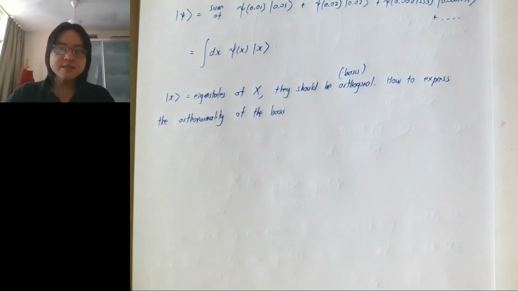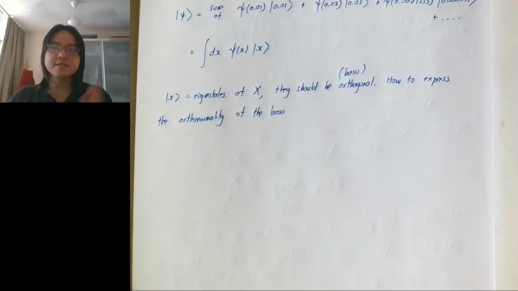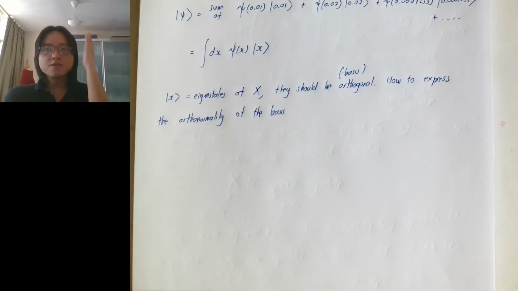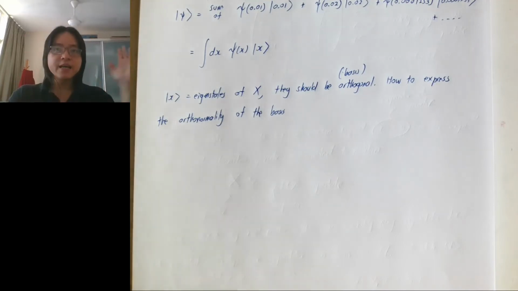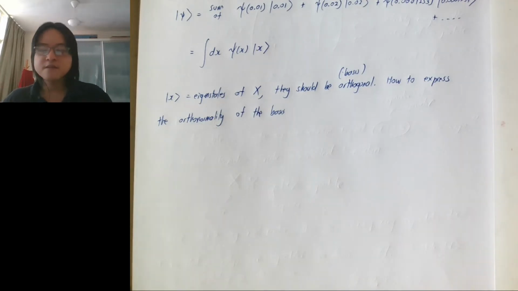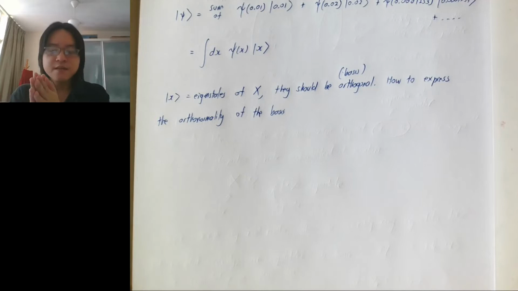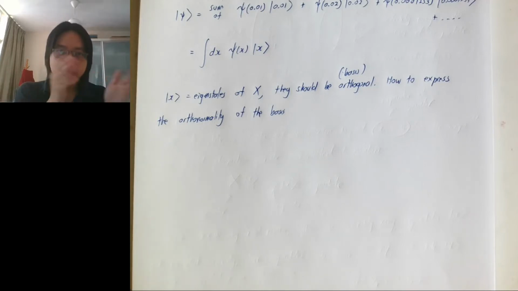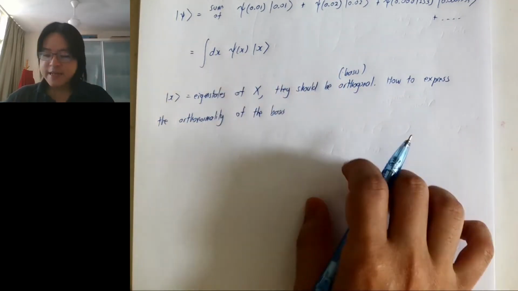From mechanics, take basis i and basis j. I inner product with j gives 0, right? Perpendicular axes give you 0. Parallel vectors, for the discrete case, give you 1. I'm just going to write it out first, and then I will slowly explain.